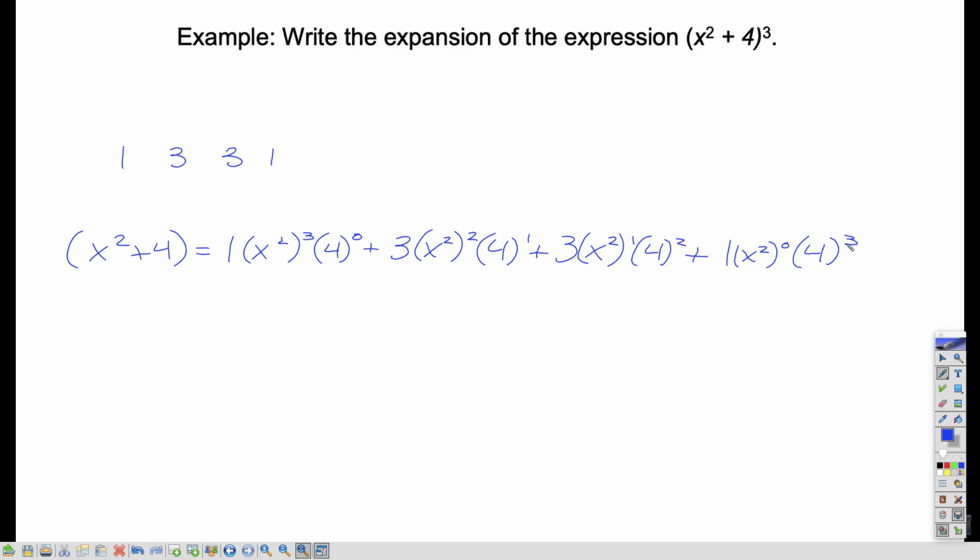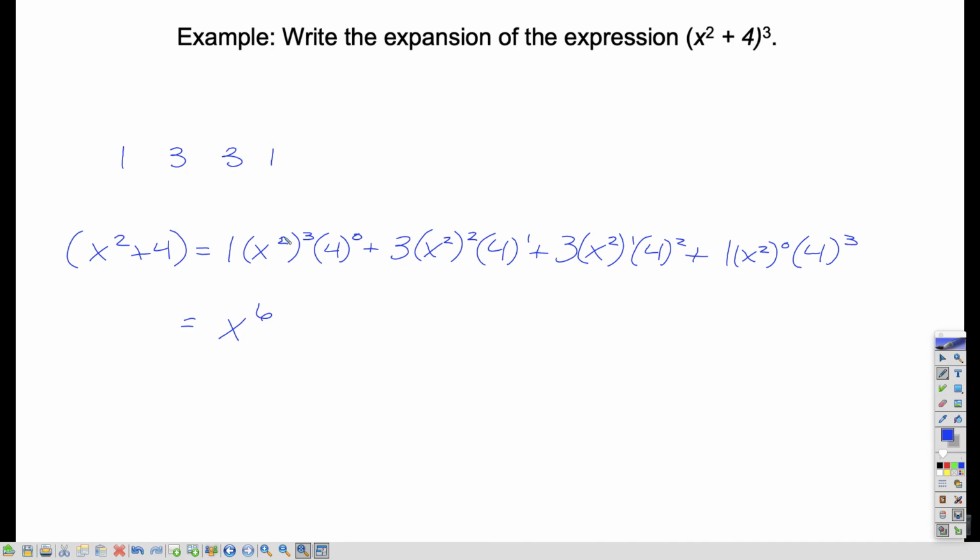Okay, so x squared to the third is x to the sixth. Did you get 7? I thought that looked like a 4. I multiply exponents. That's why I put this one in here. You have to remember to multiply exponents, right?